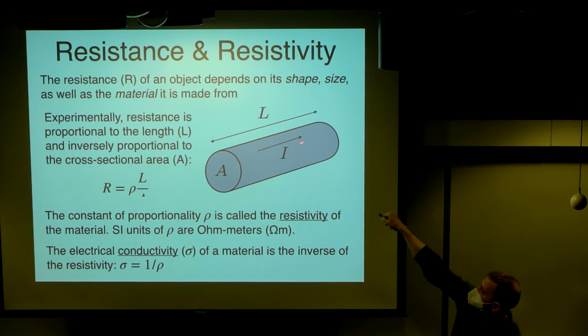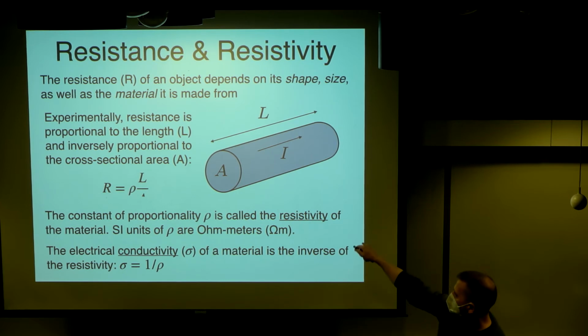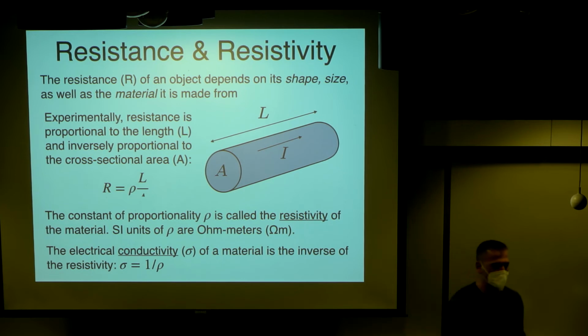So the current is flowing in the direction of L, and it's flowing through the cross-sectional area. That makes sense? Typically, we'll imagine some kind of cylindrical geometry where there's a length L and a circular cross-section A, but this is actually more general. It doesn't have to be a cylindrical object.